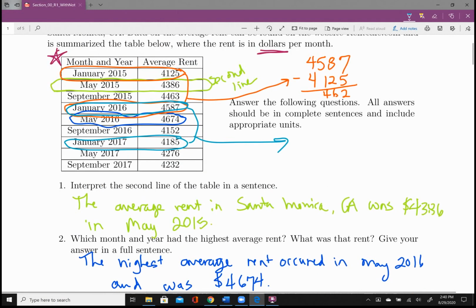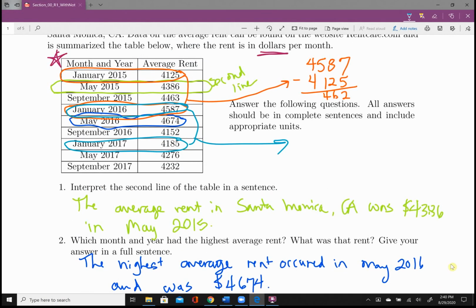So let's go back down and circle the word decrease just to keep that in mind. How much did it decrease by? Well, let's again do some subtraction. We need the 4,587 in the minuend position this time. The minuend is a fancy way of saying the number on top when you subtract. Let's see, make sure I got all that correct. Yep, looks good. $402, it looks like. Fantastic.